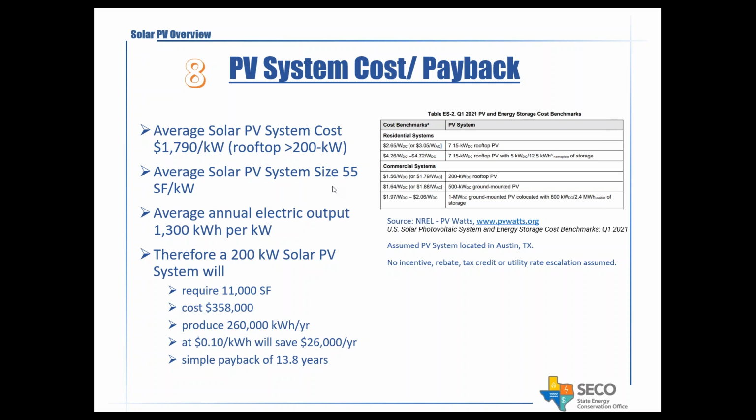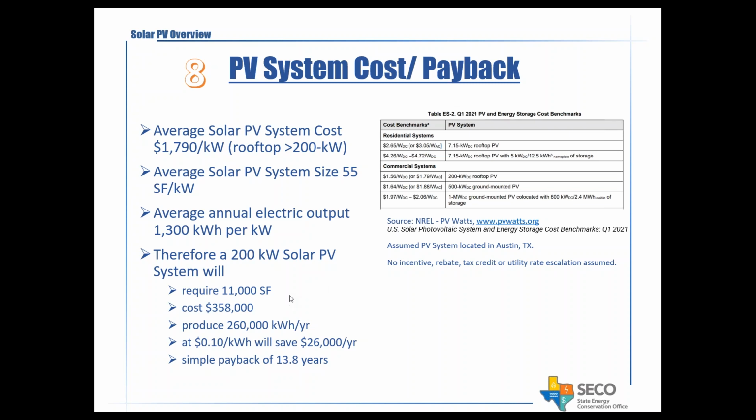This type of system may be about 55 square feet per kW in footprint, and the average electric generation may be around 1,300 kilowatt hours per kW of system size.